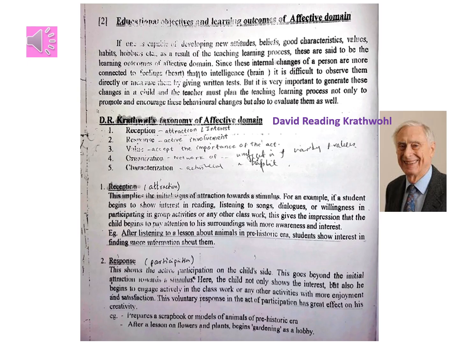According to D.R. Krathwohl, one should follow 5 steps in order to develop good or positive attitudes, beliefs, and values. What are those 5 steps? Reception, response, value, organization, characterization. Remember this in the correct order.